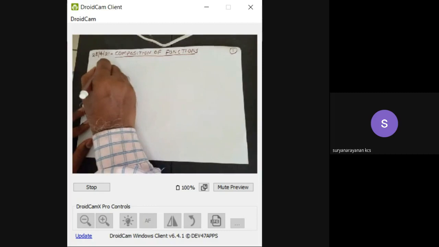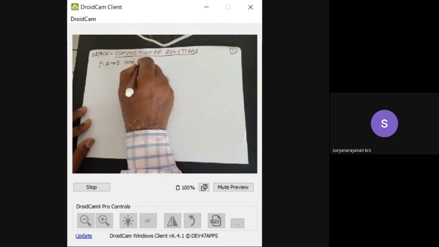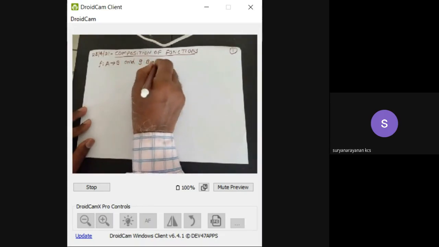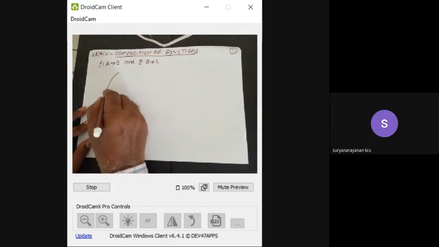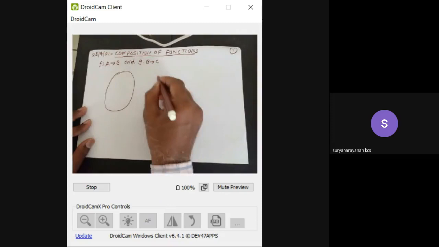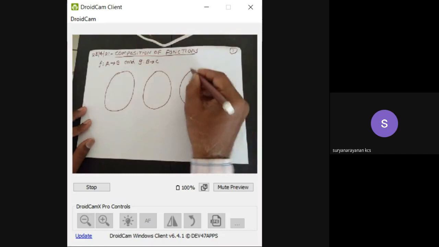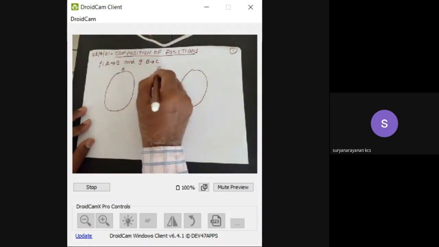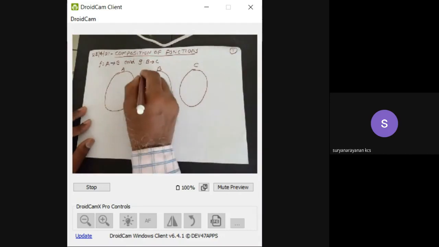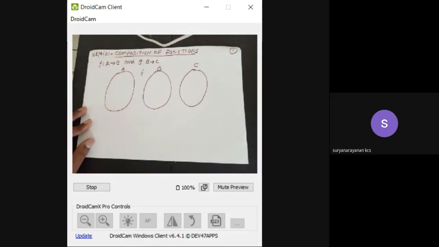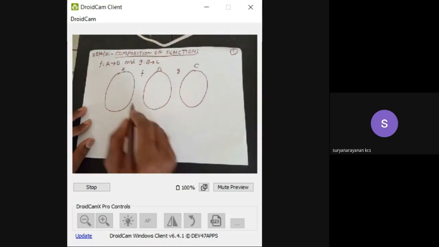Suppose f is a mapping from A to B and g is a mapping from B to C. If these two are functions, see here, we have taken three sets, namely A, B, and C. Here a function f is defined from A to B, and g is a function defined from B to C.